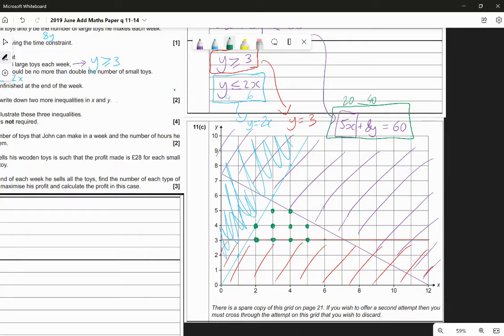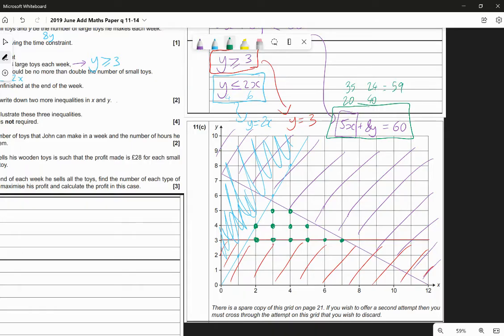There we go. There we go. And then also 7, 3 is, I think, definitely on or above the red line. Is it in this line? 7, 3. So if I plug 7 in for x, 5 7s are 35. If I plug 3 in for y, 8 3s are 24. 35 plus 24 is 59, which does work.